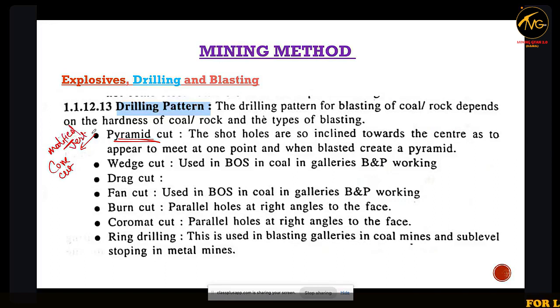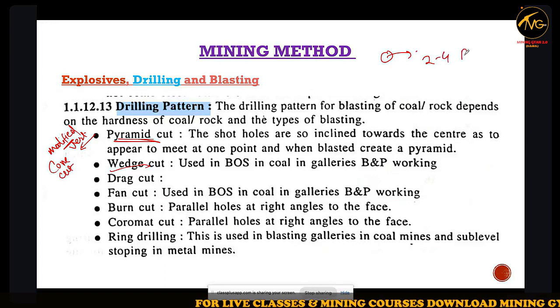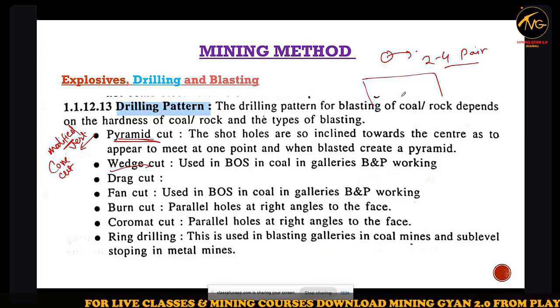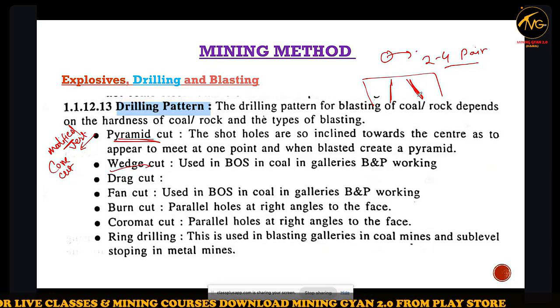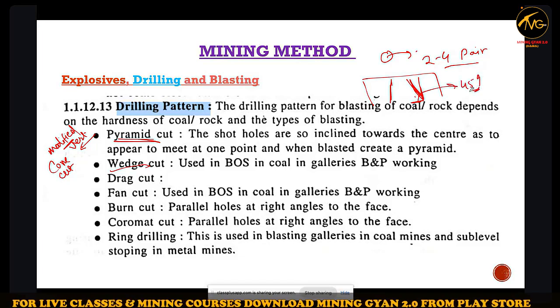Modified version, just like every car has a version, a missile has a version, similarly the pyramid cut has a version, the modified version, cone cut. Wedge cut is also similar to it. So in the wedge cut, two to four pairs of holes we will drill, and the angle should not be more than 45 degrees, less than 45 degrees.